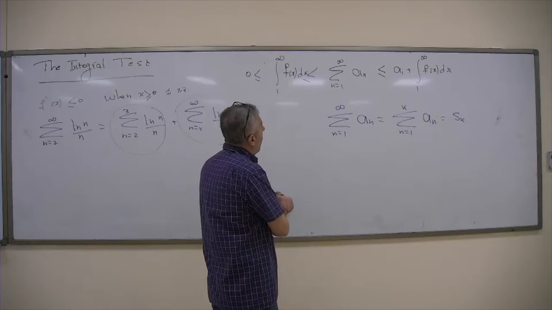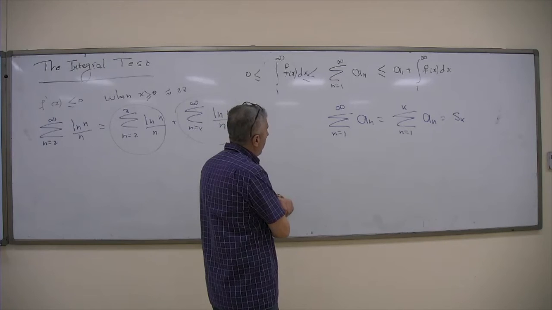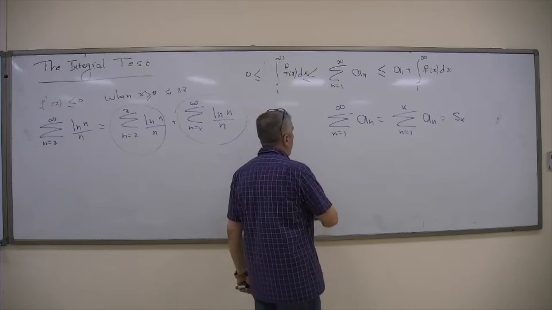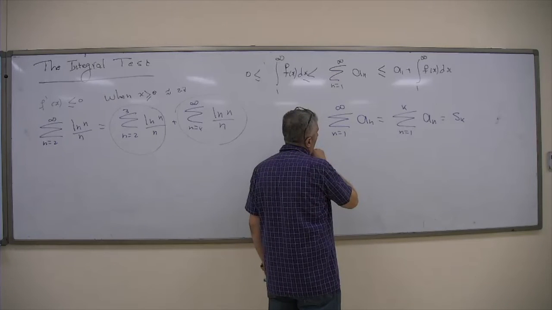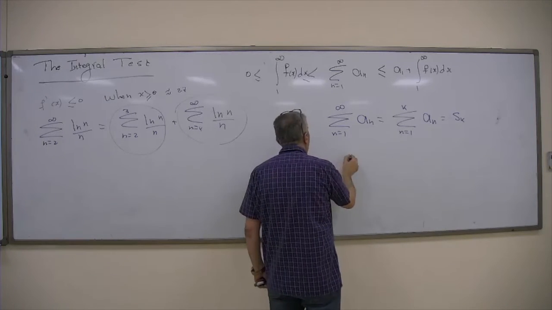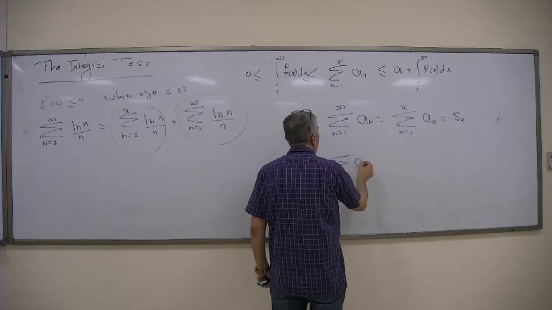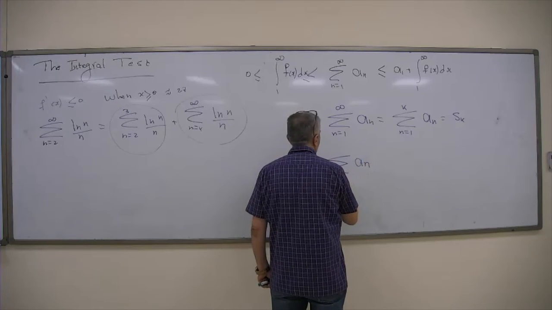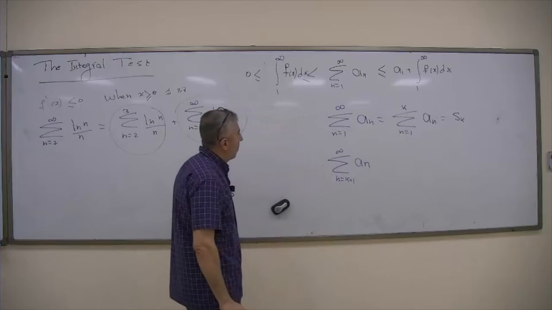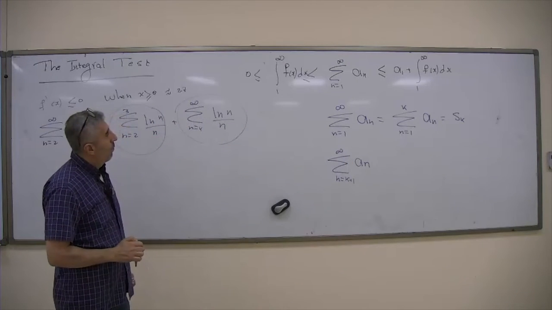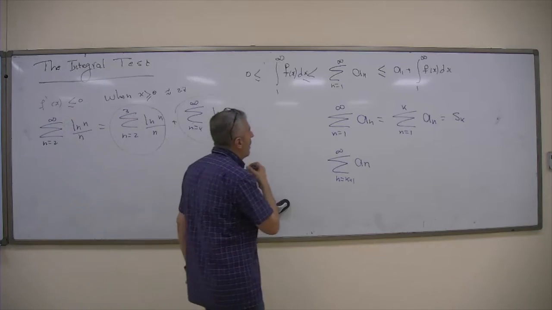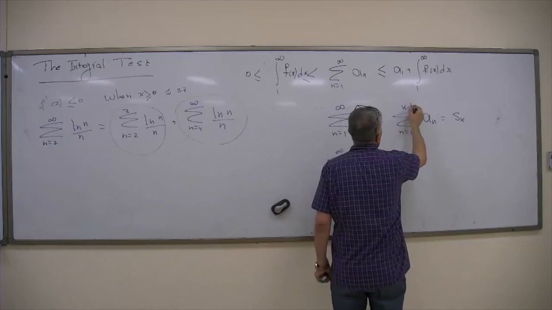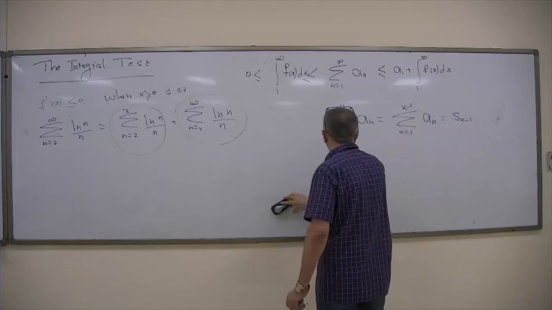So what is left is going to be the summation from n equals k plus 1 to infinity. Let me take here this k minus 1, and here take this k.